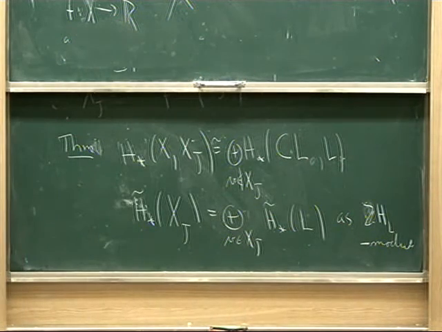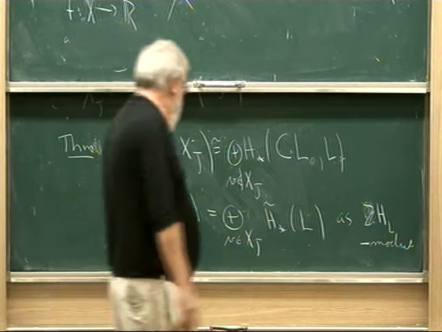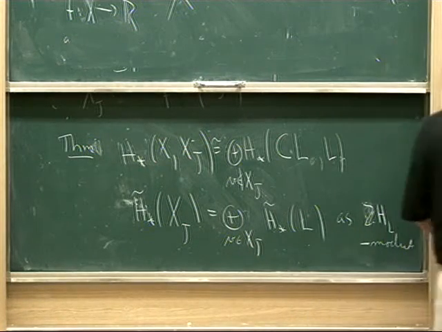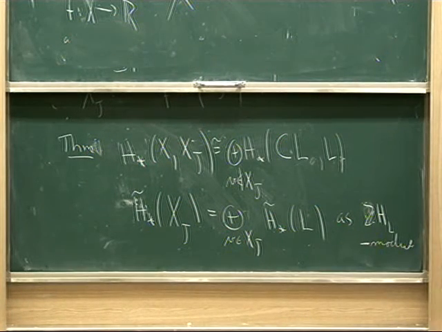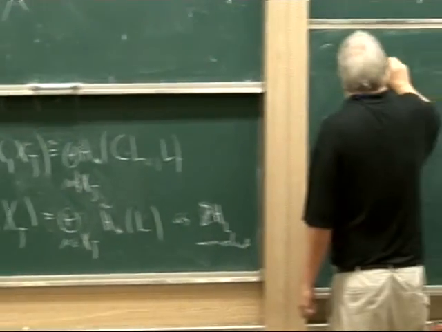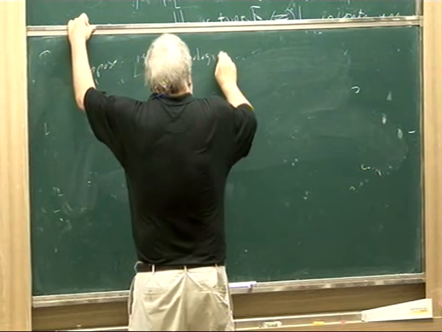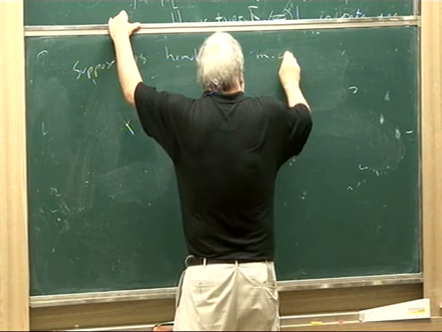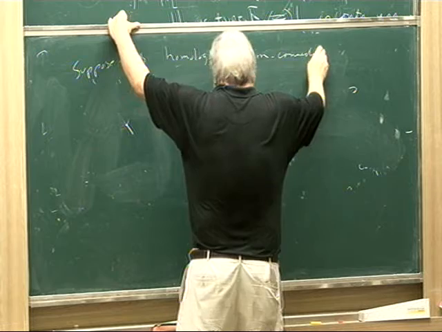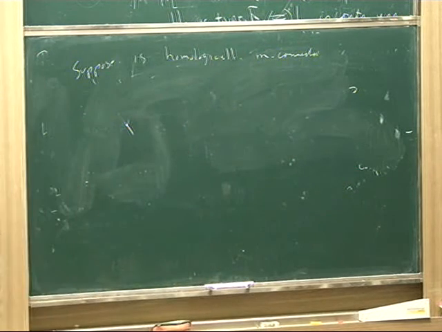So just to say why that implies the first part of their theorem, the homological version: suppose L is homologically m connected, whichever it is.